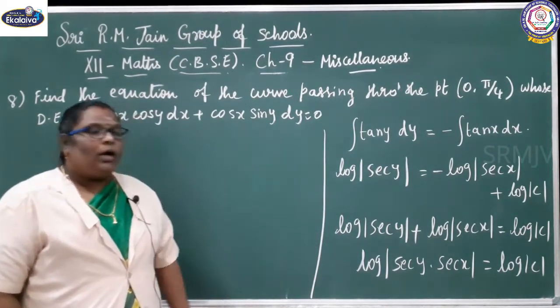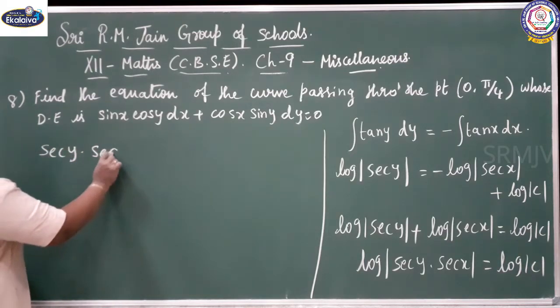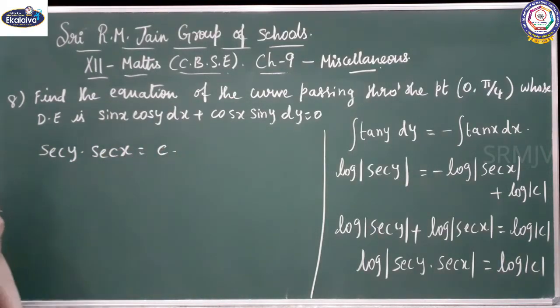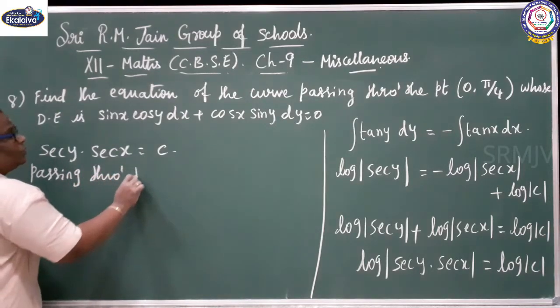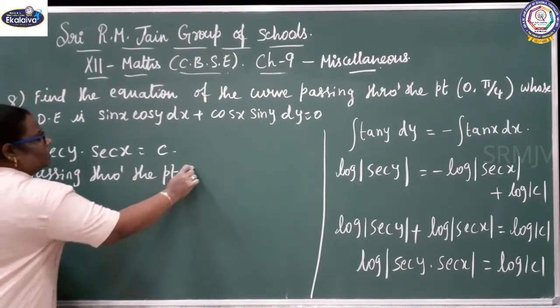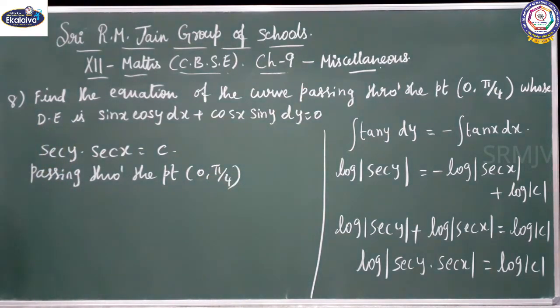Taking anti-log on both the sides or raising the power e on both the sides, secant y into secant x equal to c. Then passing through the point, what is given? Passing through the point 0 comma pi by 4.